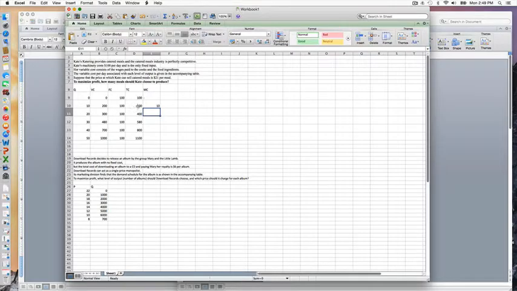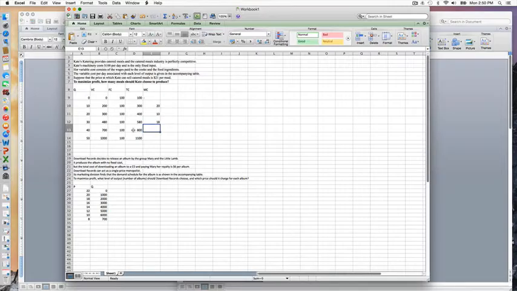Here, 400 minus 300, 100, divided by 20 minus 10, 10, so this is 10. 580 minus 400 is 180, divided by 10 is 18. 800 minus 580, this is 220, divided by 10 again, 40 minus 30, 10.